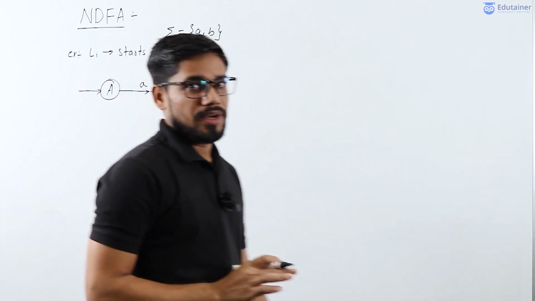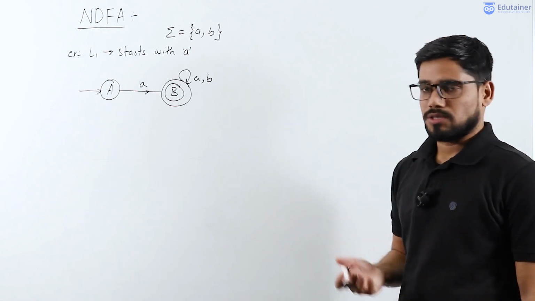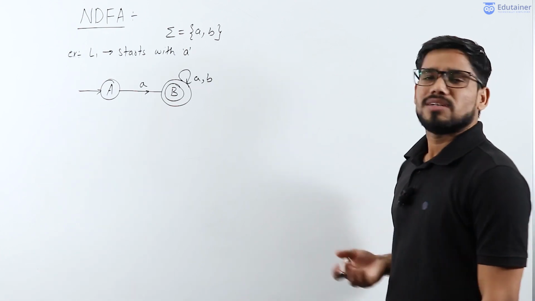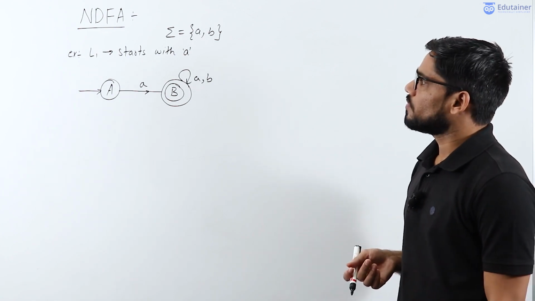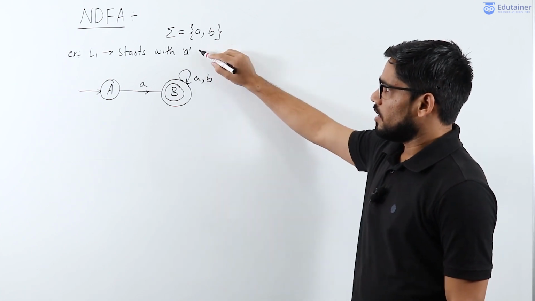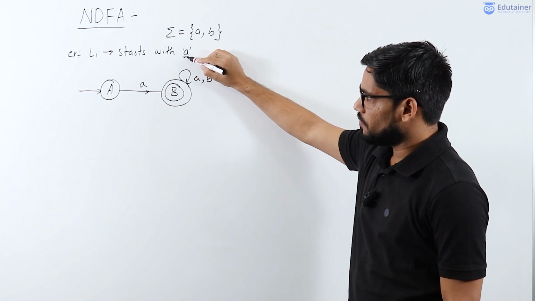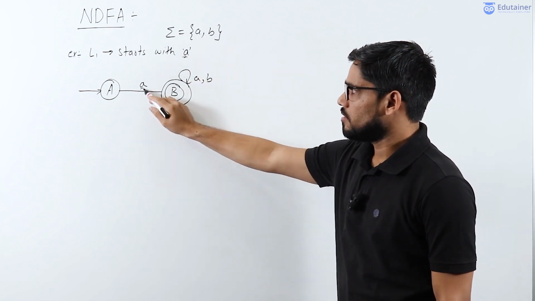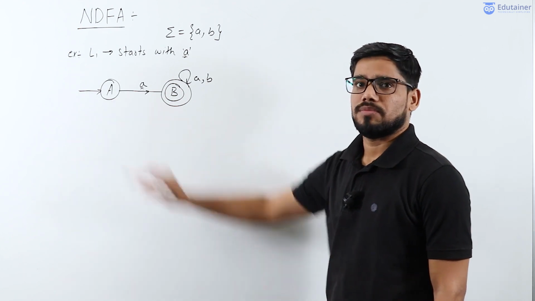In DFA, we take care of all the input alphabet on each state, but in NDFA, we don't. The main concern here is how to get the desired language. That means the language should always start with A. If I start with A, I need not care about the symbol B on state A.